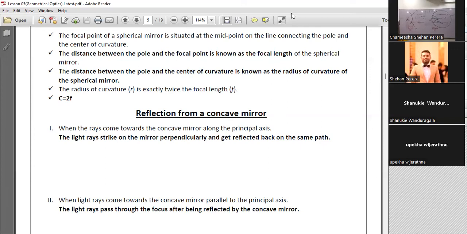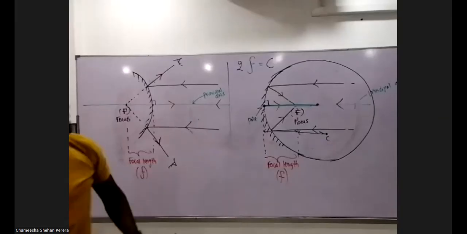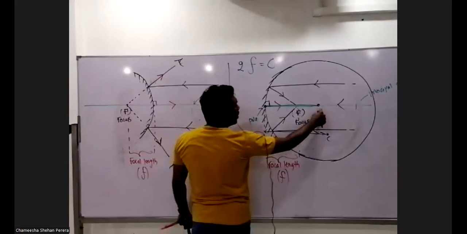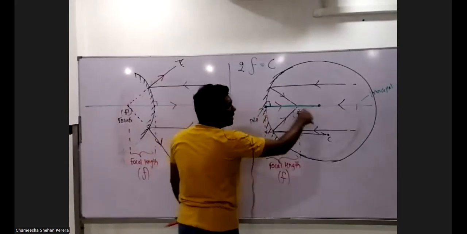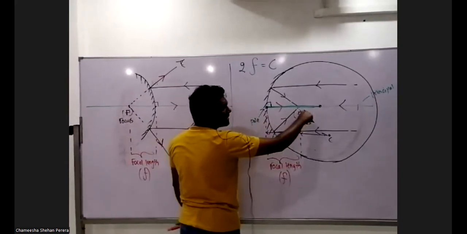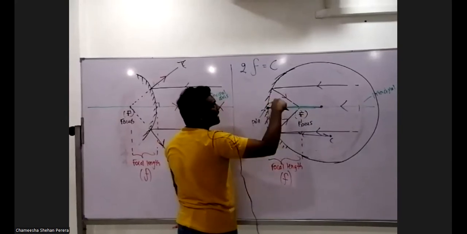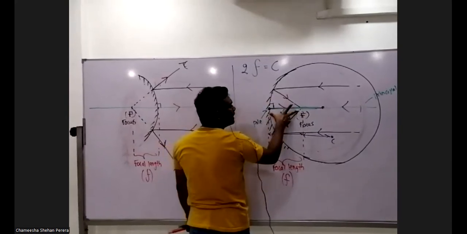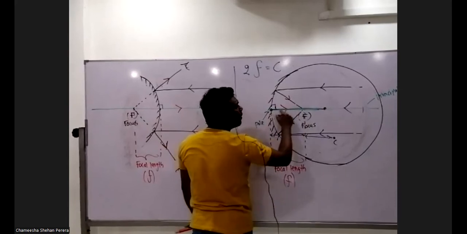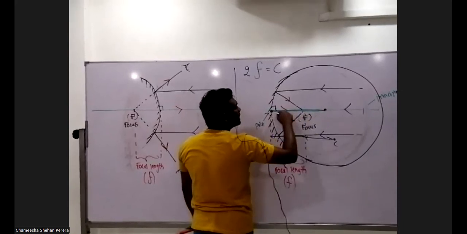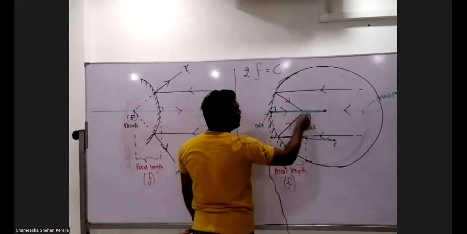The distance from the center of curvature to the pole is called, in mathematics, the radius, right? And they tell us the focal length, and the distance from the center of curvature to the pole will be twice the focal length.